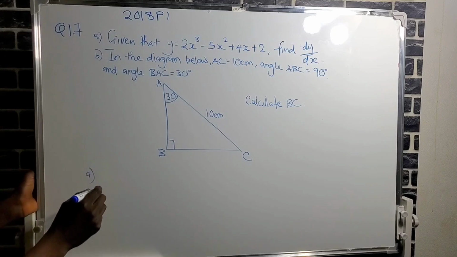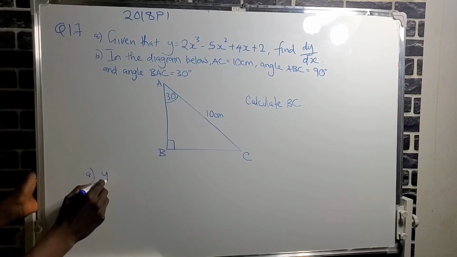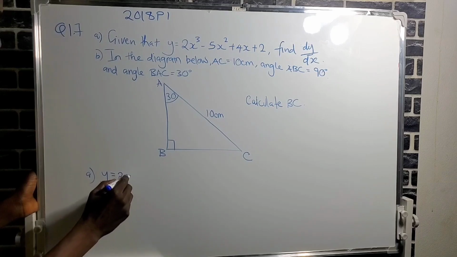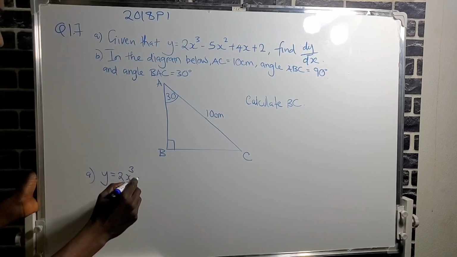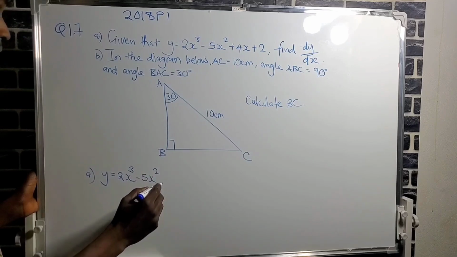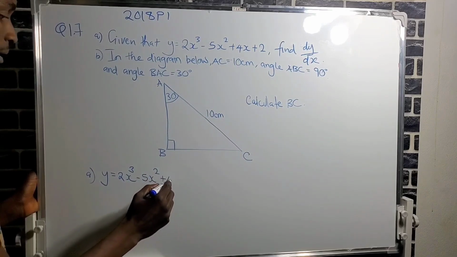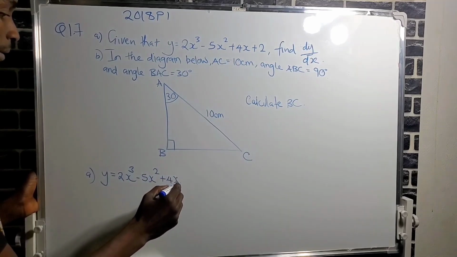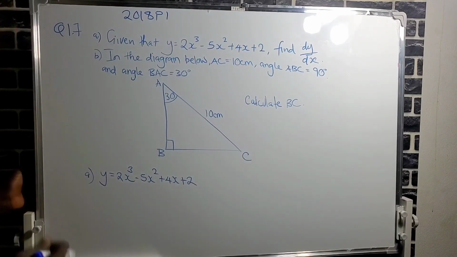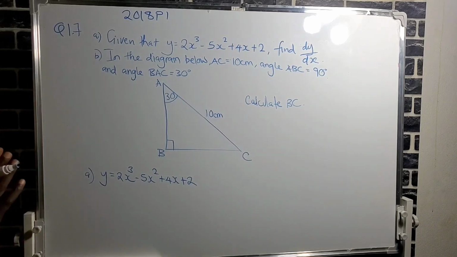So we're going to copy it the way it is. y = 2x^3 - 5x^2 + 4x + 2. Nice. So they have asked us to find dy/dx.